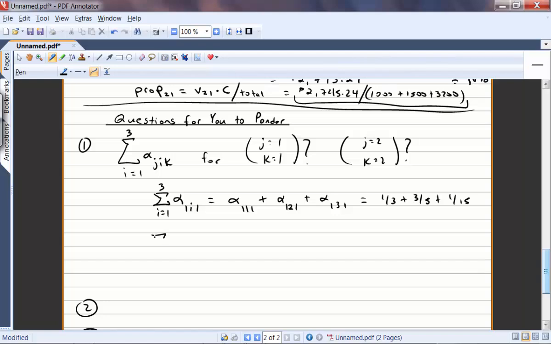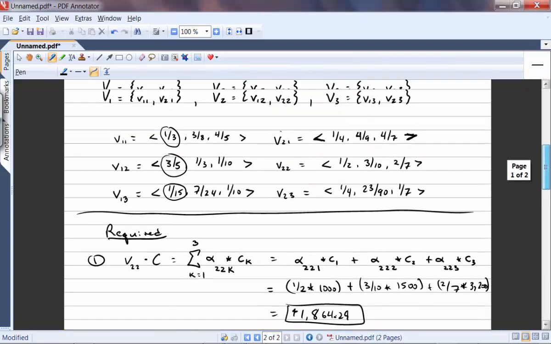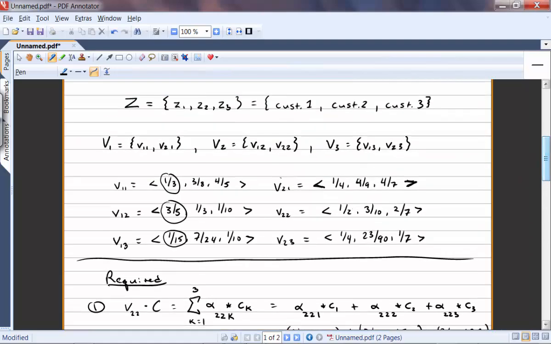Then the second question is, we're going to let i go from 1 to 3. We're going to fix j and k at 2, respectively. This second question right here. So we're going to have alpha 2, 1, 2 plus alpha 2, 2, 2 plus alpha 2, 3, 2. Alpha 2, 1, 2. Again, second vector, first cost object, second element.